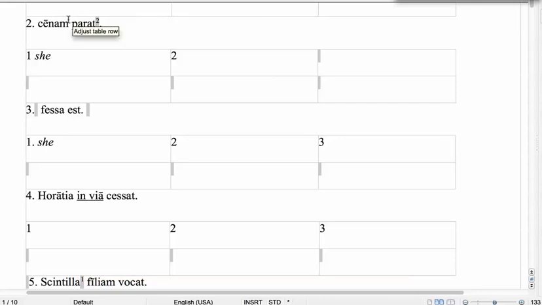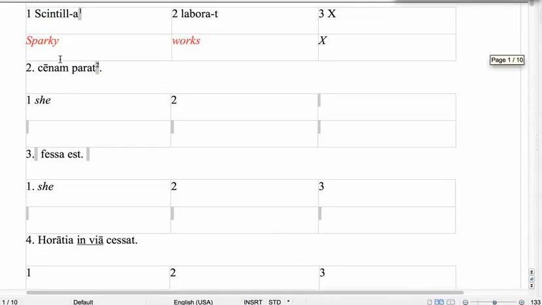Second sentence, Canam parat. So the subject is often omitted in Latin, and that means it's the same as the previous subject. So in this case, Sparky is the same as the subject. So in English, you would just say she.